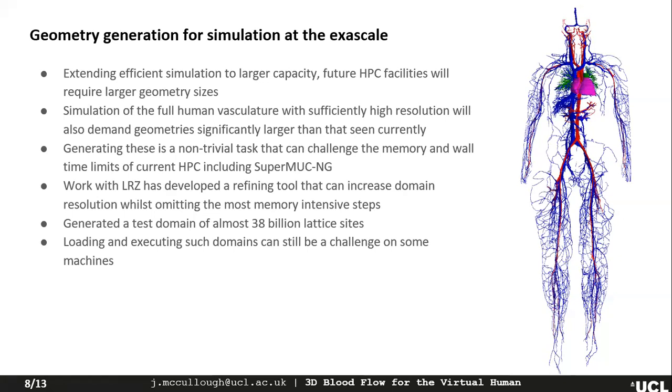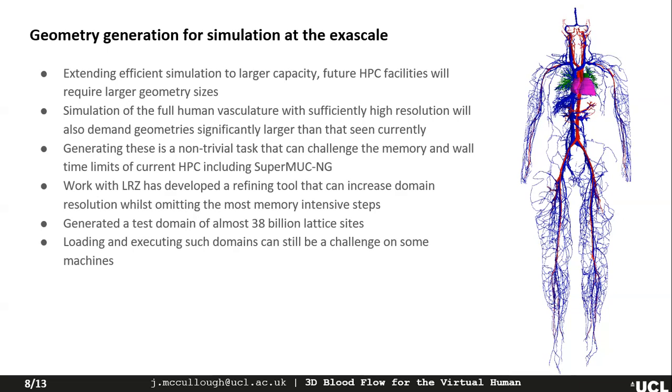So working with the team at LRZ, we have been able to develop a refining tool that can take a relatively coarse domain and then improve that to a higher resolution domain, whilst omitting the most computationally intensive steps that can cause us problems along the way. This has been a good test case, and we've generated a domain with over 38 billion lattice sites that we're using, particularly in our GPU model, as a test case to see how big can we go.